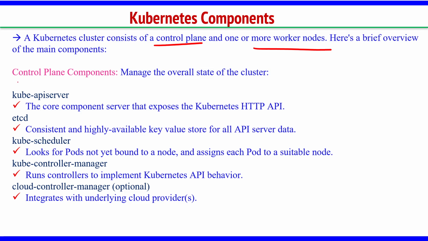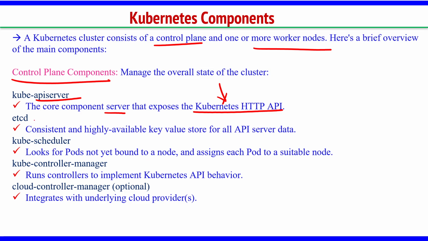Let's understand the control plane components. So we have the API server, the core component of the server that exposes the Kubernetes HTTP API. The API server is the one through which we receive the requests, right? That exposes the Kubernetes HTTP API.